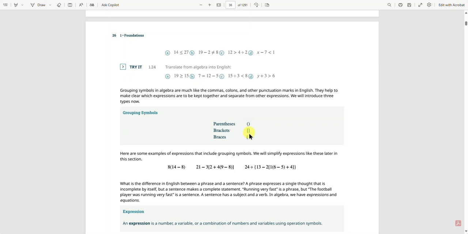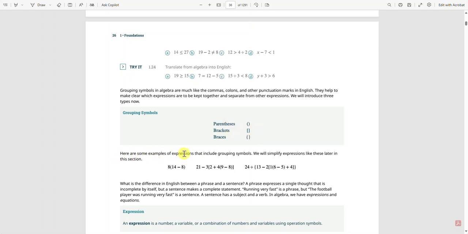You should make sure you know the name and the symbol for each one. There's a difference between parentheses, brackets, which are square, and braces, which are squiggly, like they look like 2 mustaches. Parentheses, which are round, brackets, which are square, and braces, which are curly. 3 different kinds of grouping symbols.